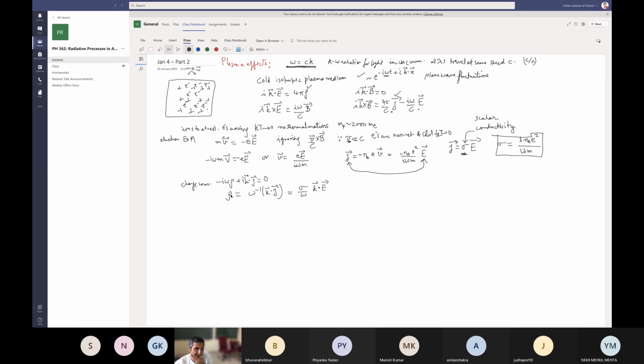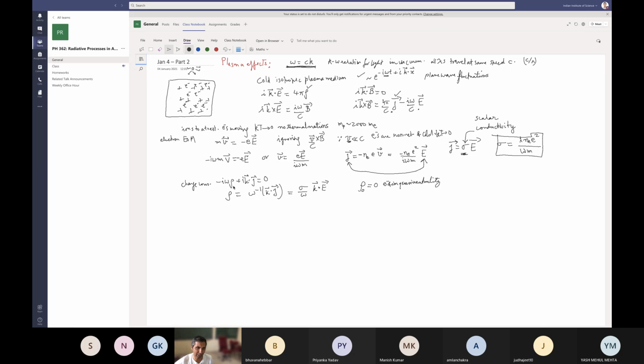This is charge density. So charge density is equal to the density fluctuations, because in a plasma, rho naught, the equilibrium charge density, is equal to 0, because of electron and ion quasi-neutrality. But this is the fluctuation.